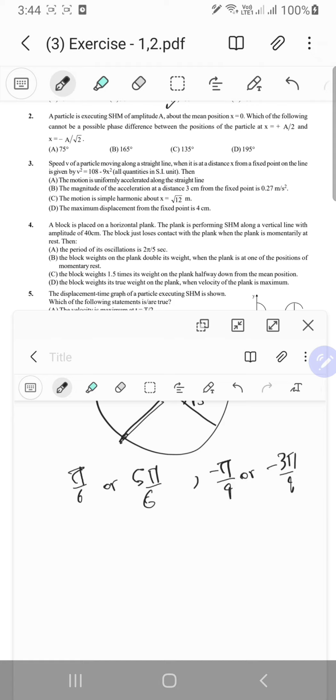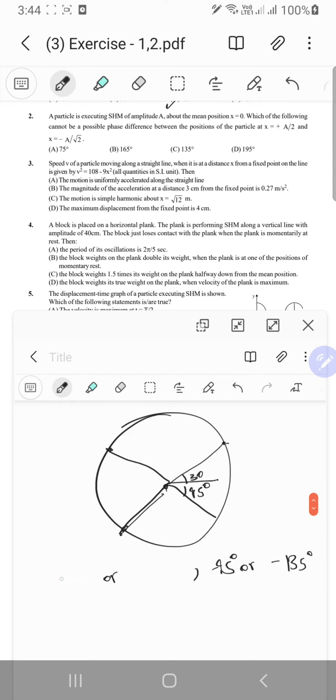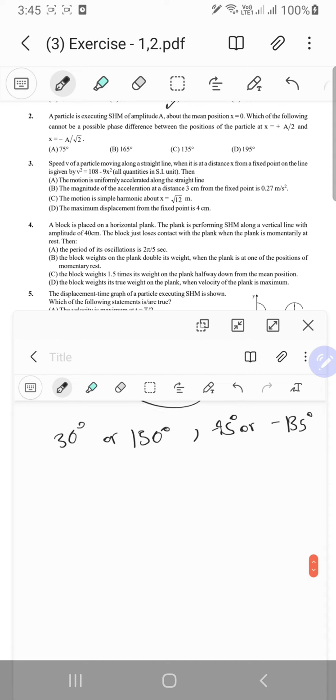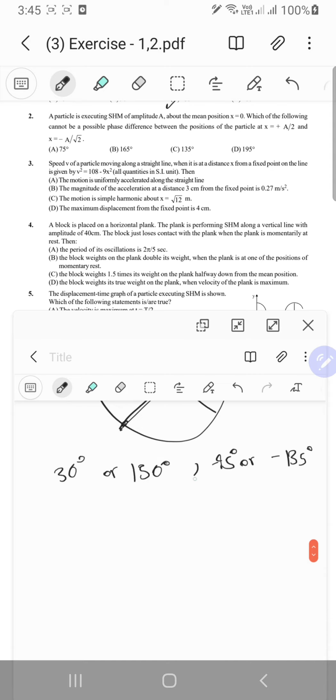Well, that's really bad. In fact, let's just do it in angles, normal angles. Minus 3 pi by 4 is like minus 135 degrees. Minus 45 degrees. 30 degrees. 150 degrees. Cool. So we have to do all 4 combinations.